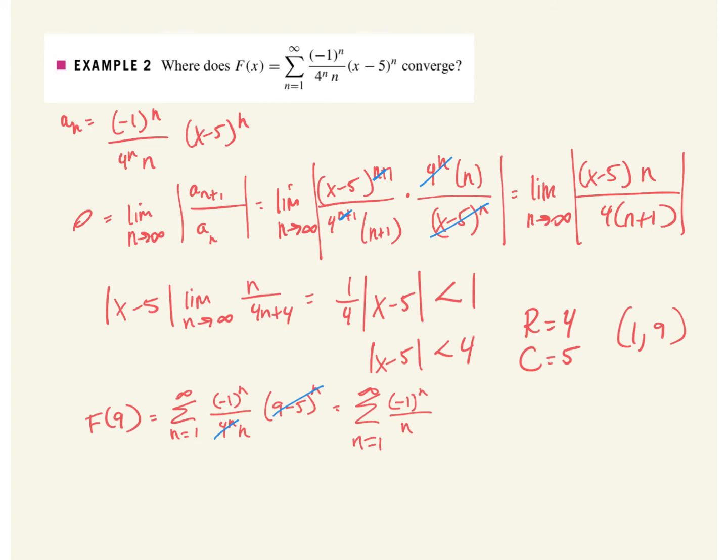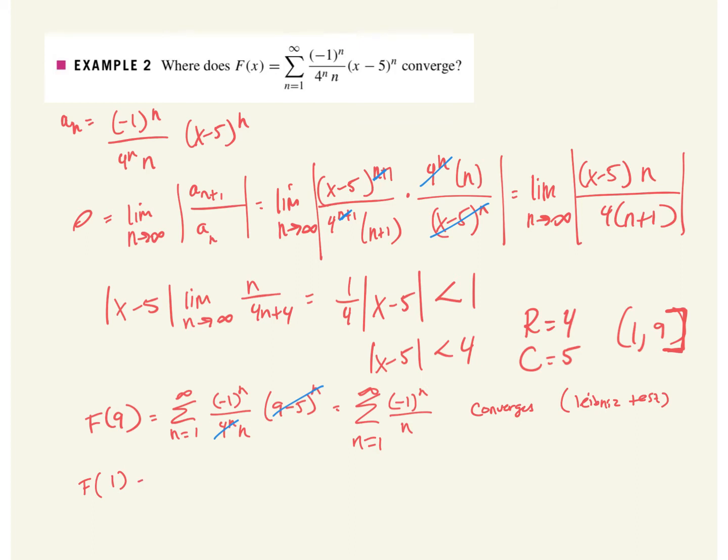And if I went back and looked at my Leibniz test, there we go. This one converges by Leibniz test. So since it converges, I can turn the parenthesis next to the 9 into a bracket.